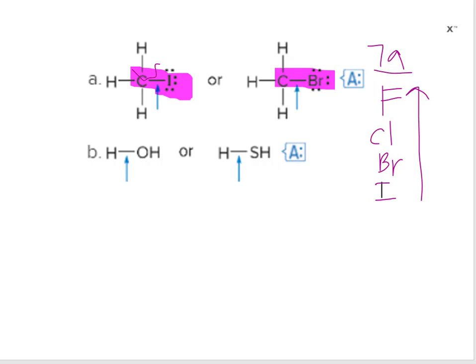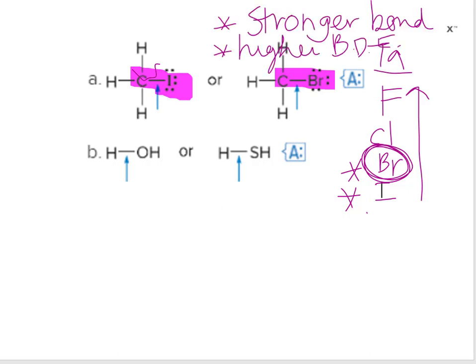The higher we go, the stronger they are, the more dissociation energy is needed to break those bonds. So if I'm comparing iodine versus bromine, bromine is going to have the greater dissociation energy. So stronger bond. So the higher you go, so bromine is higher than iodine, it's a stronger bond, which means it has a higher bond dissociation energy.